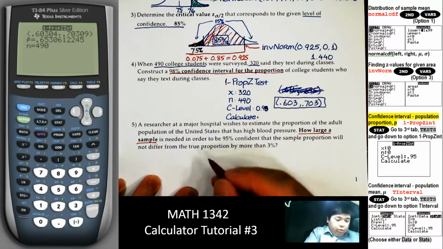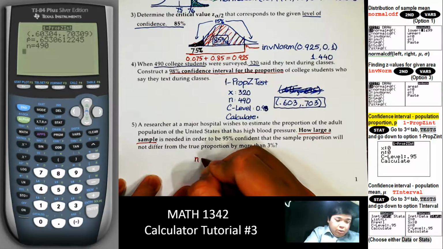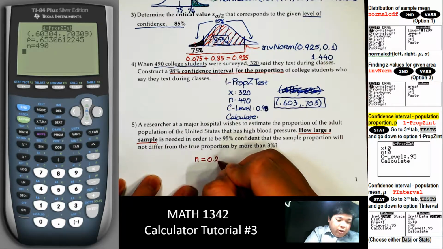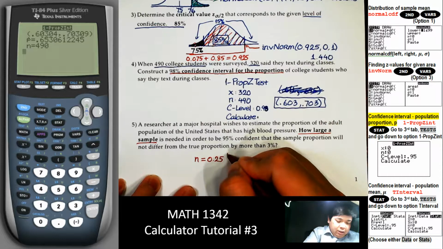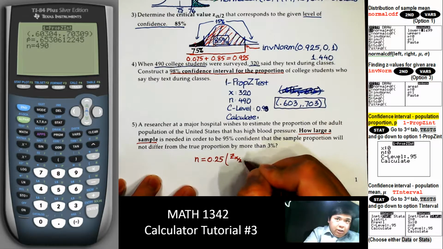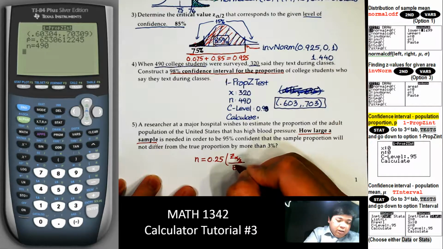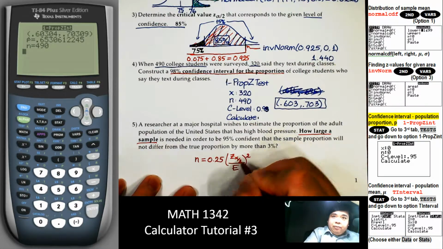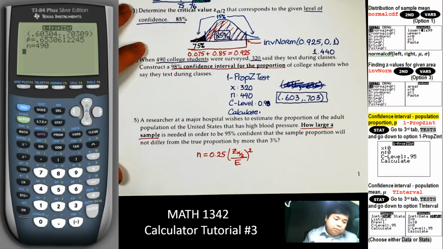and we look at the formula, which will be n equal to 0.25 times z alpha over 2 over the error, squared. Right.